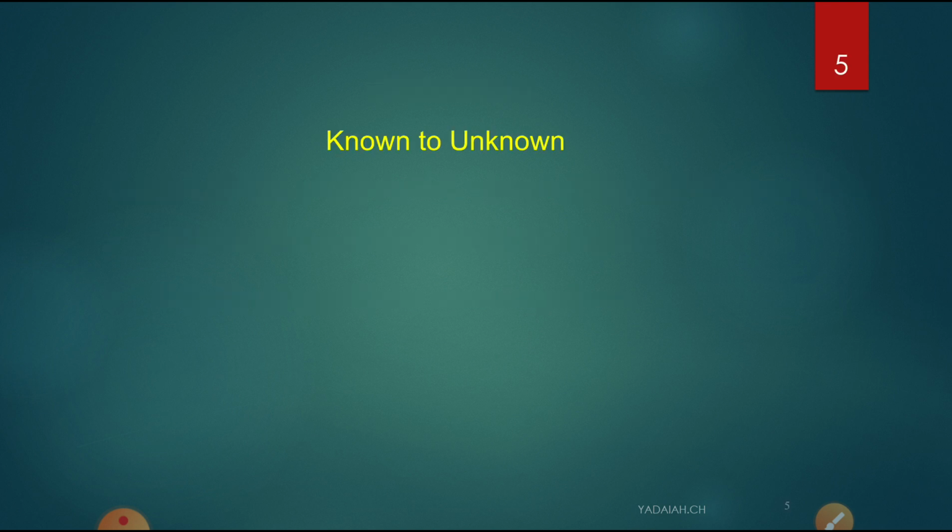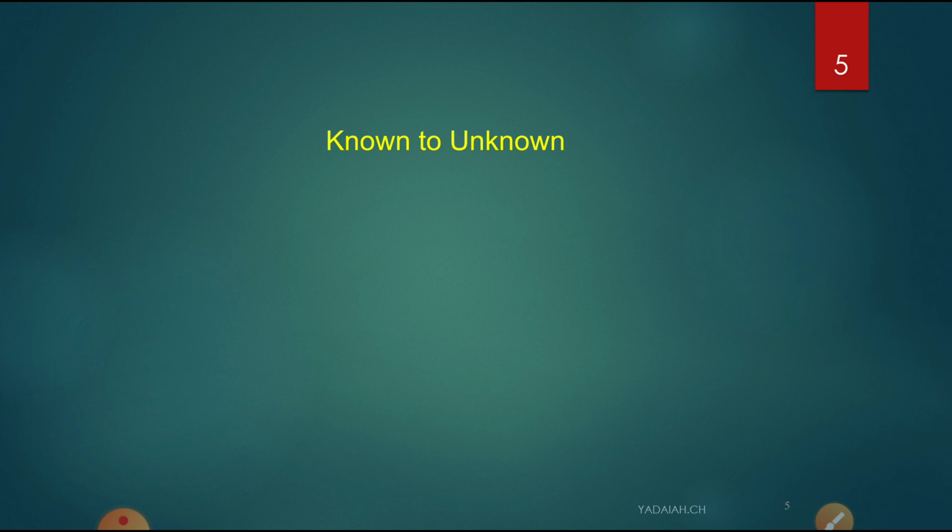Okay. So first of all, known to unknown. Do you know the rotor resistance starter? Do you know the rotor resistance starter connections? Which starters are used for squirrel cage induction motors?